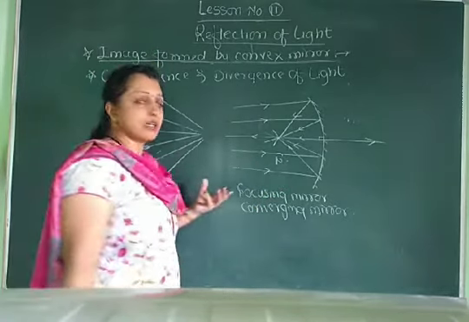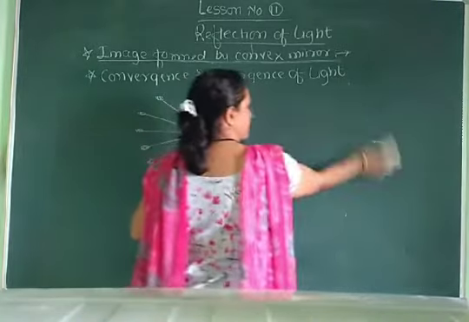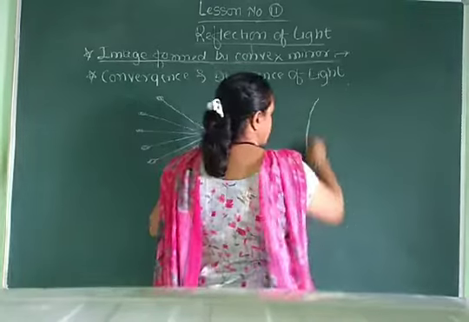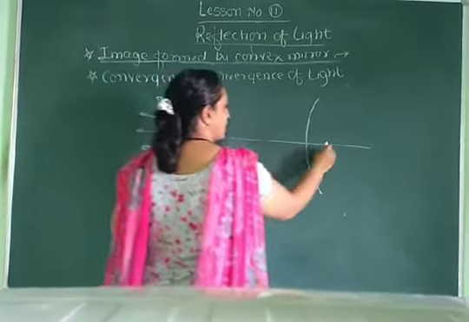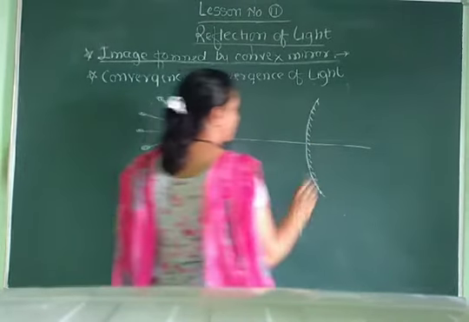Suppose we take a diagram for a convex mirror, let us draw that diagram. I already told you how to draw the diagram for a convex mirror in the case of a principal focus.